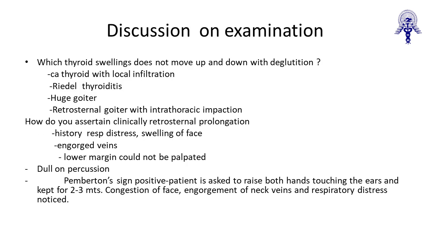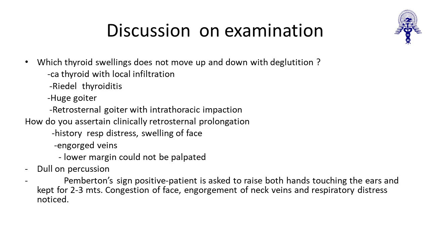Discussion on examinations: which thyroid swellings do not move up with deglutition? Malignancy, carcinoma thyroid with local infiltration, thyroiditis, Riedel's thyroiditis, and a huge goiter when it is impacted into the suprasternal notch, the inlet of the thorax, and retrosternal prolongation with intrathoracic impaction. How do we assess clinically for retrosternal extension?